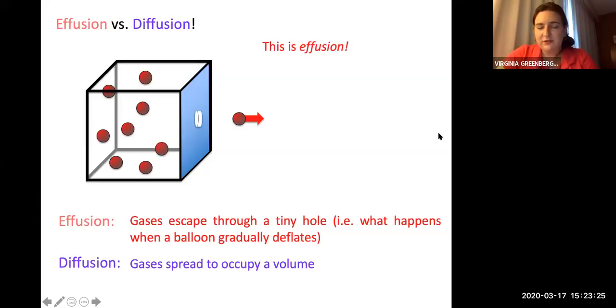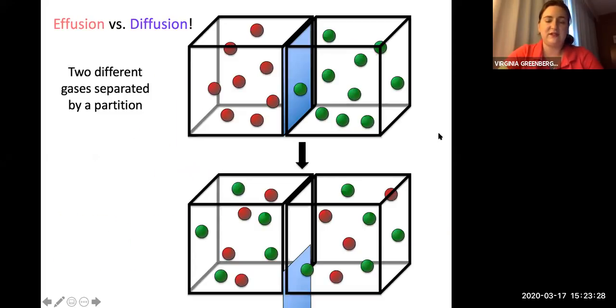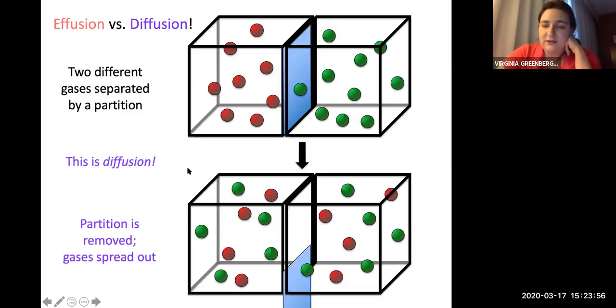That's going to be different from diffusion, which is the case where we have two gas samples, one represented with the red balls, one represented with the green balls, and we remove the wall partition or divider that's between them, represented by this blue partition. Then they're allowed to freely mix and spread out, and this is what we'll call diffusion. So these are two fairly common ways that gas molecules move about.